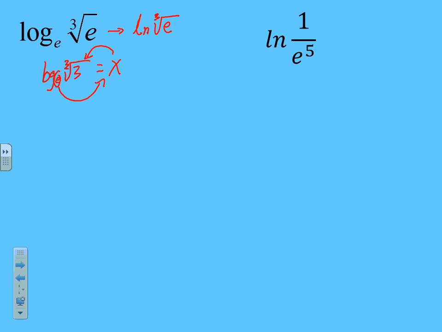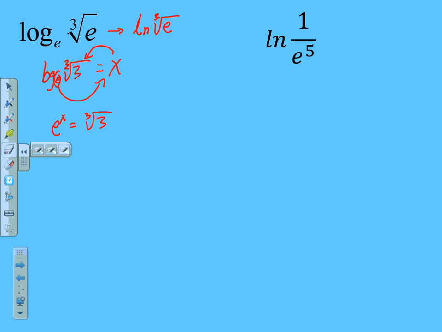So e to the x power is equal to the cube root of e. I apologize, I'm seeing 3's everywhere. This is not a radicand of 3, it's a radicand of e. So sorry about that.